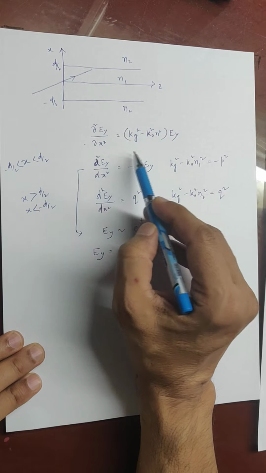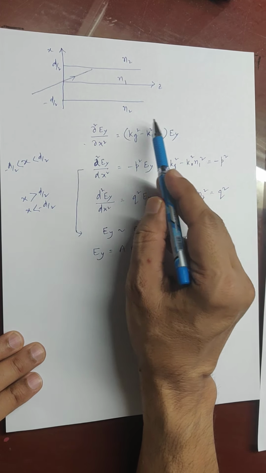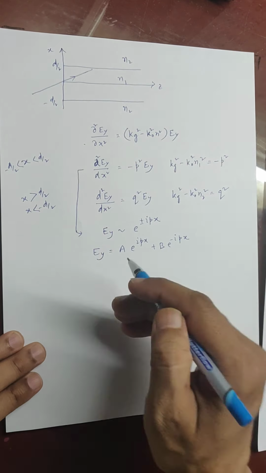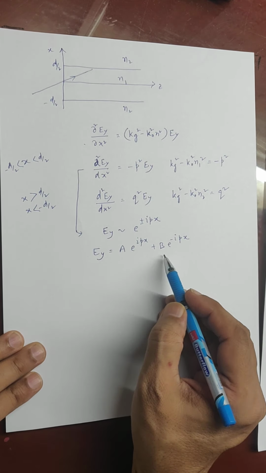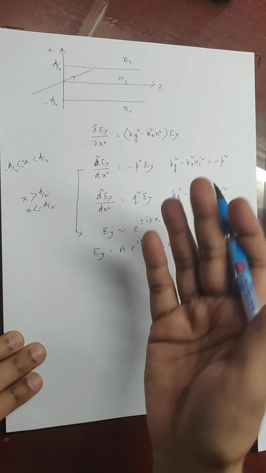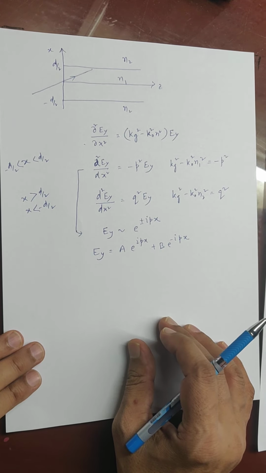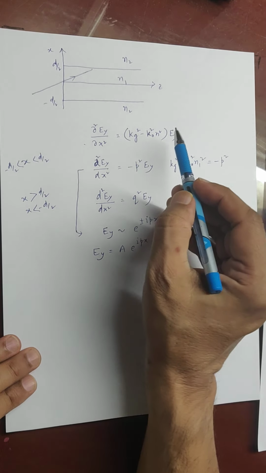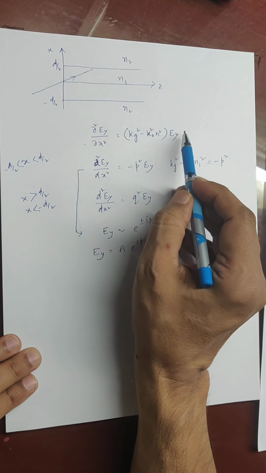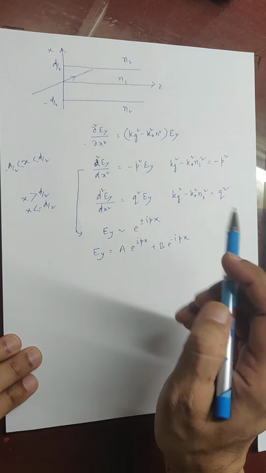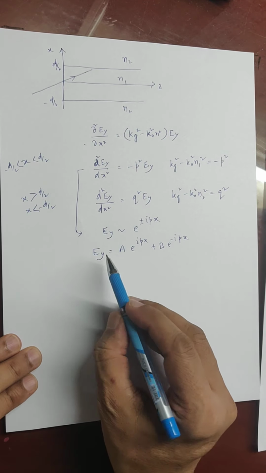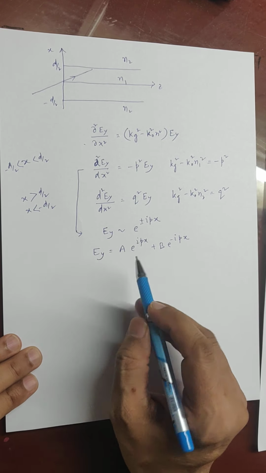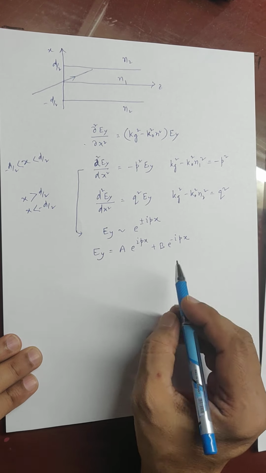So since this differential equation is symmetric in x, the solution of that would be either symmetric or antisymmetric. This is the theorem of the solution of differential equations. So it can be shown that the solution Ey as a function of x would always be either symmetric or antisymmetric.